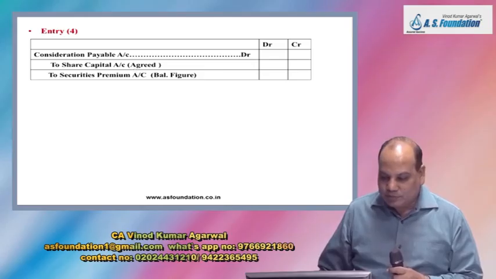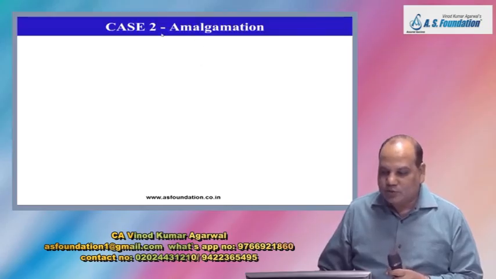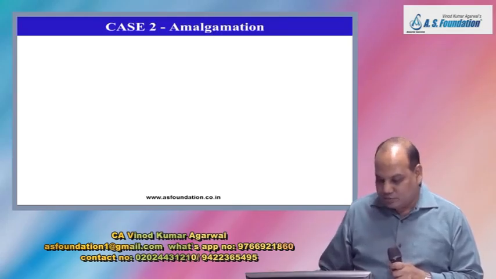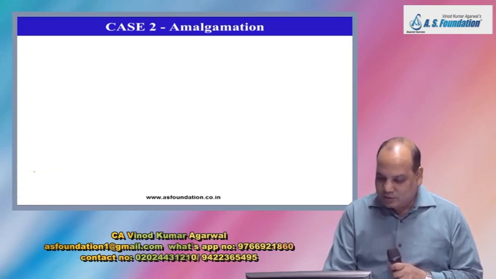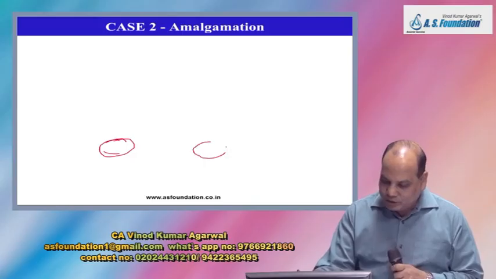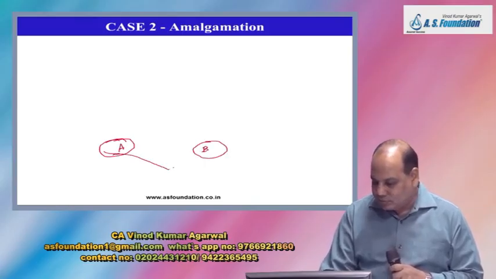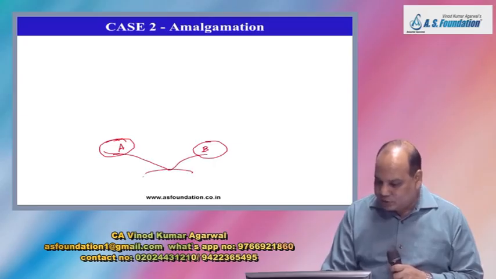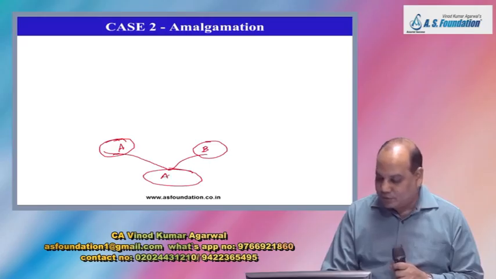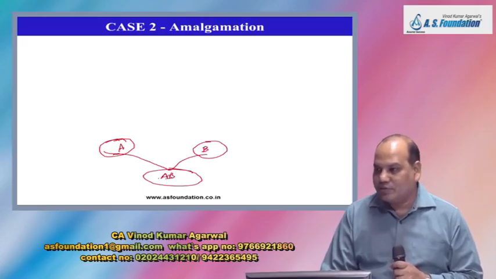But before that, I will also give you entries for case 2, amalgamation. Now, what is amalgamation? Amalgamation is like this: A and B merge their businesses together and form AB or C, whatever.